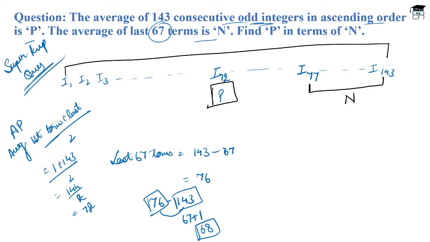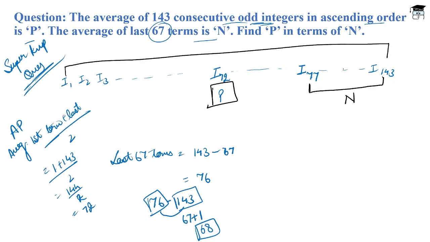We are not taking 67. Why? We just understood. We are taking 72 here, because the average is the middle term, which is P. Alright, this is clear.